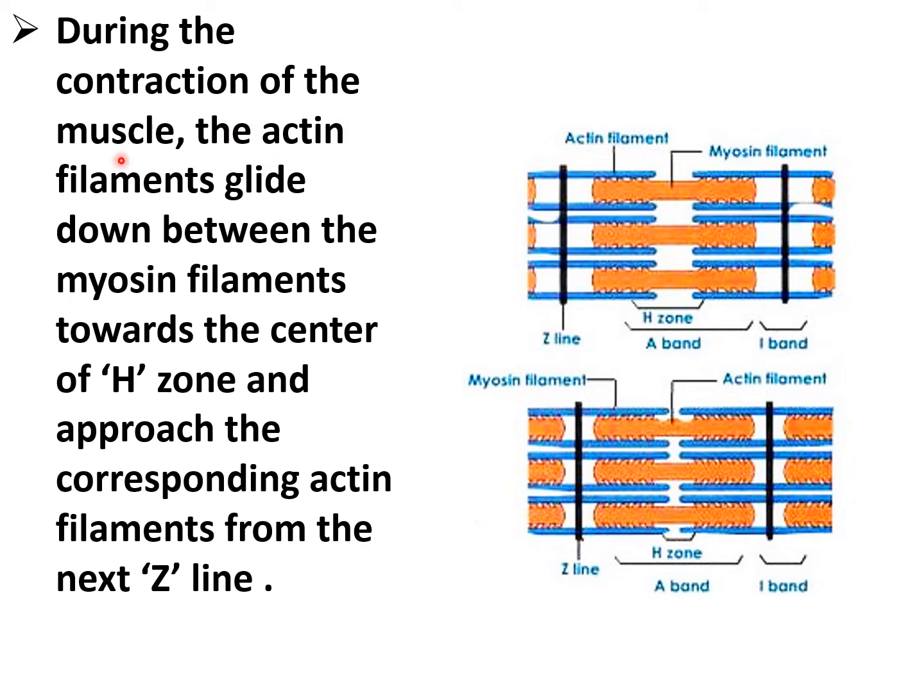During the contraction of the muscle, the actin filaments glide down between the myosin filaments towards the center of the H zone and approach the corresponding actin filaments from the next Z line.